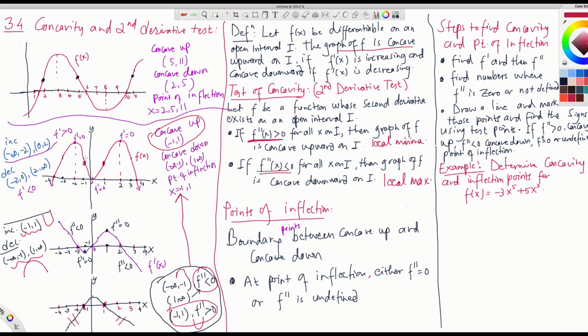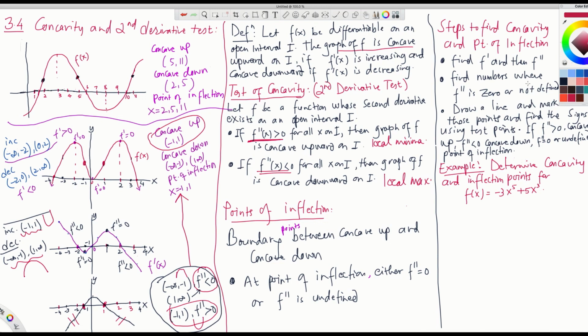But let us talk about the steps to find concavity, or concave up and concave down, and also the point of inflection. What are the steps? If a function is given like this, first find f prime and f double prime. After you do that, find the numbers where f double prime is 0 or not defined.